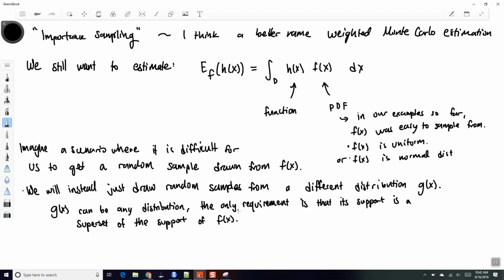Okay, and so g of x is called the trial or candidate distribution.